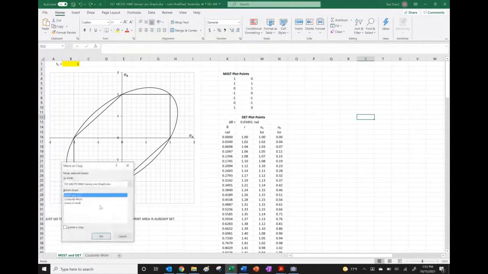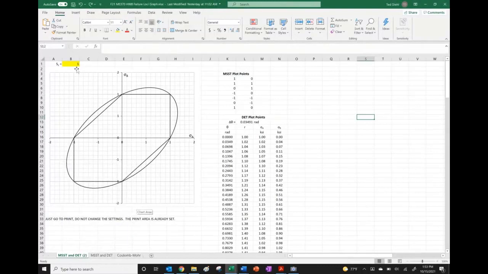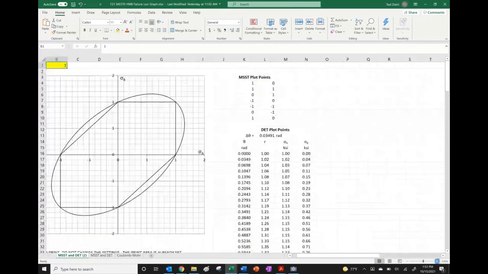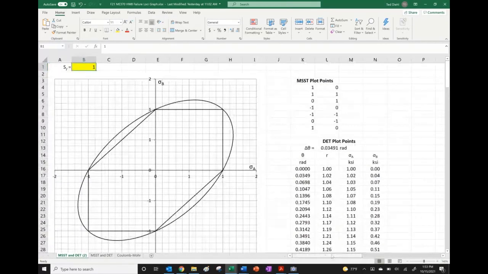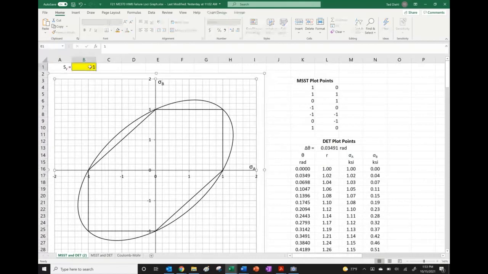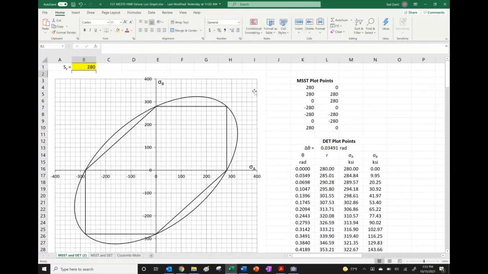Because my computer is on auto save here, I'm gonna save this to a new thing here. So we will stick this in as 280. Boom.